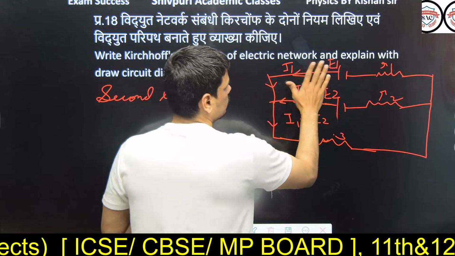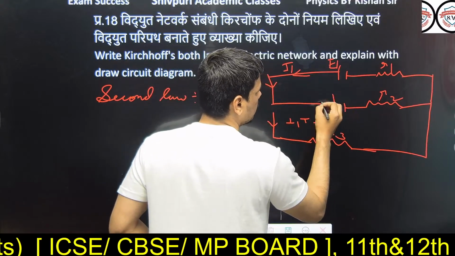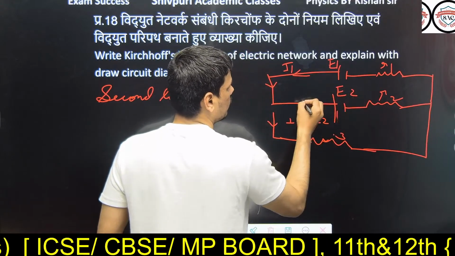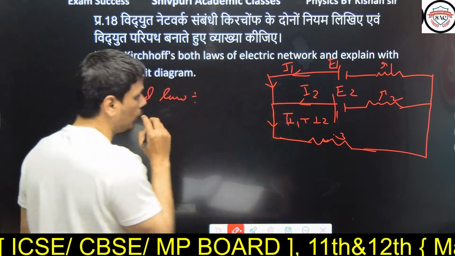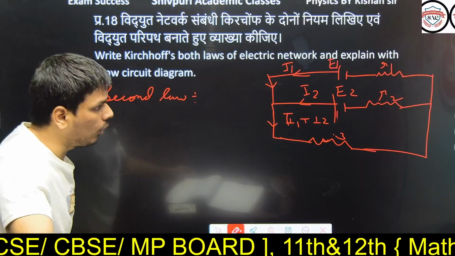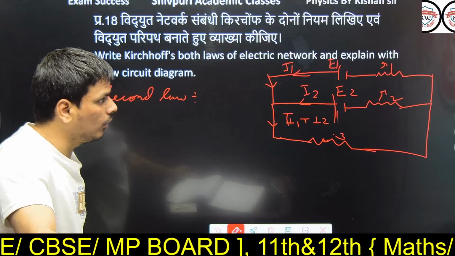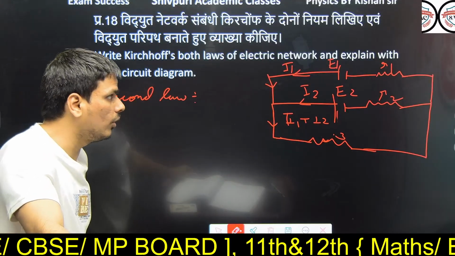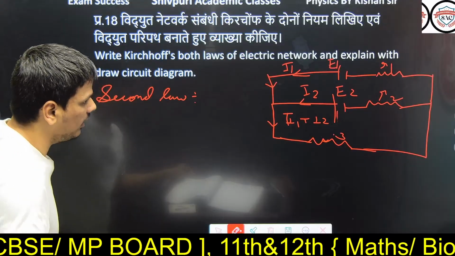Oh, sorry, I am connecting two cells here and that's my mistake. This is E2 and this is I2. So we will get current like this. The algebraic sum of total voltage, or we could say the potential or EMF, is always equal to the algebraic sum of the current and the resistance present in it.